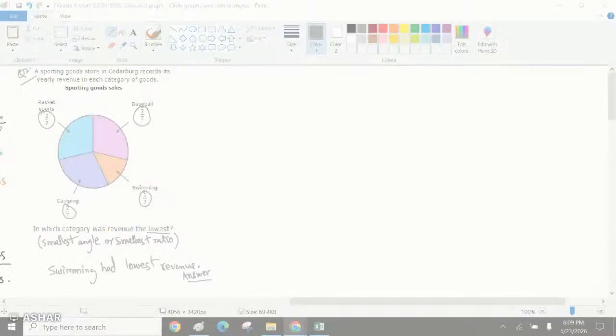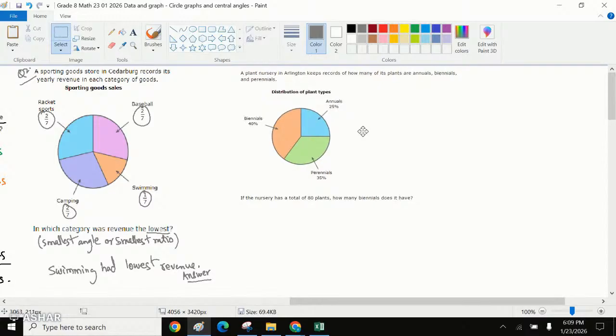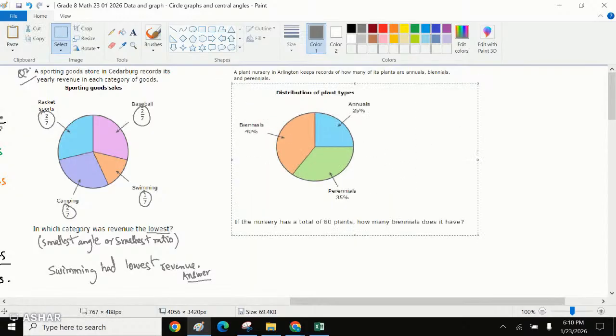It says a plant nursery has a record of, they are keeping a record of plants. That would be annual plants, monthly or weekly, right? So let's see what we can say over here is this was the information that was given to us.